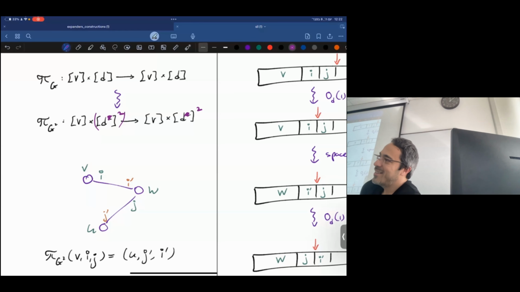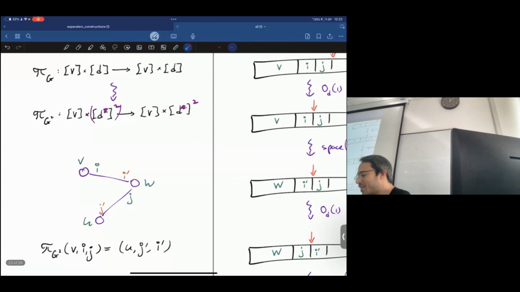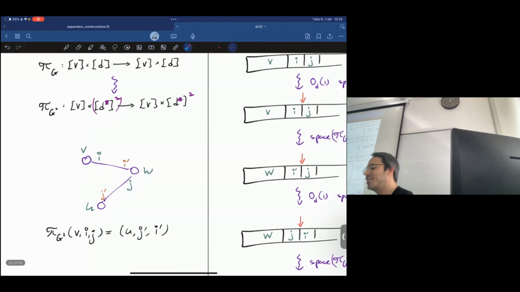Yes, and then you get this notation. But once you fix your notation, it's fine. And for the log space algorithm, it doesn't really matter, because you will anyhow put them like that: log d bits and then log d bits.